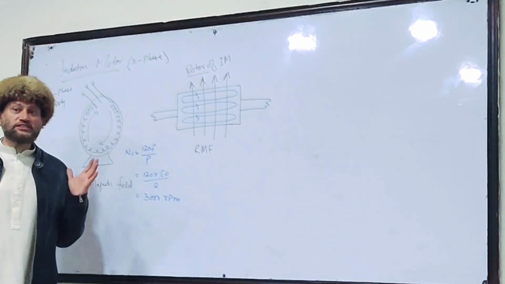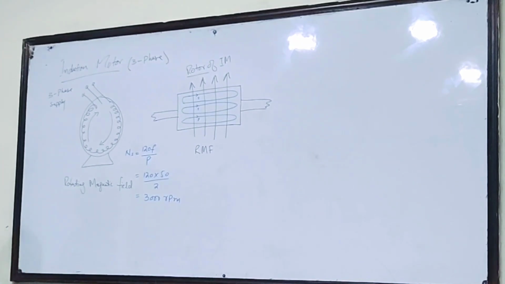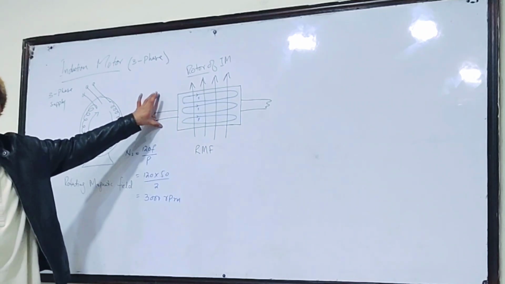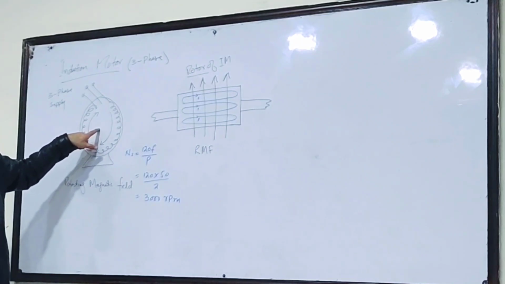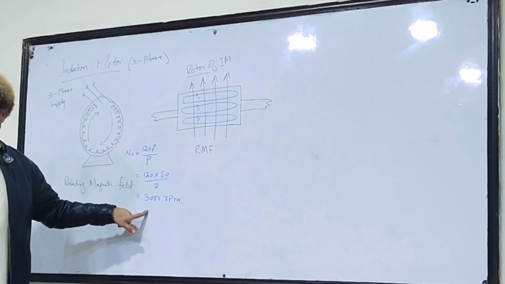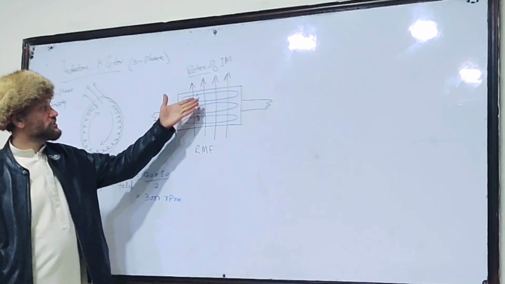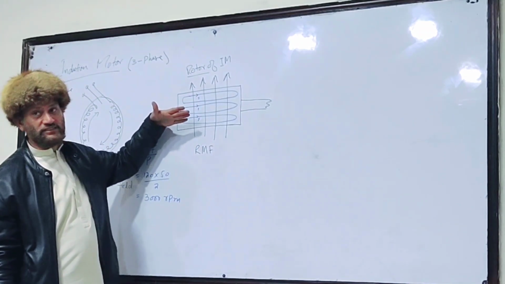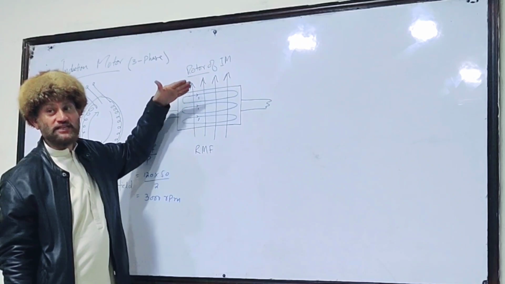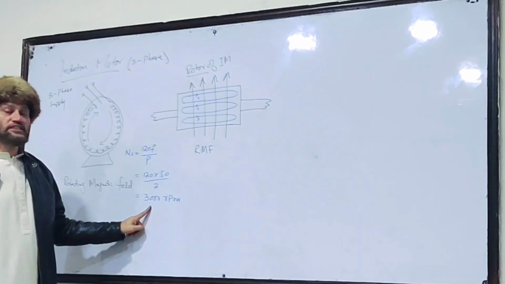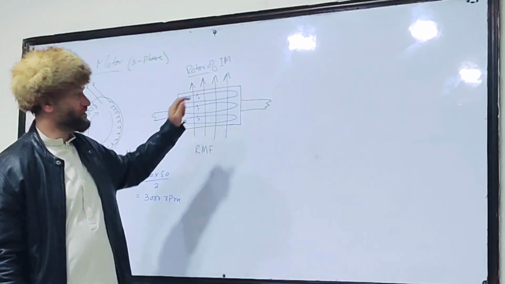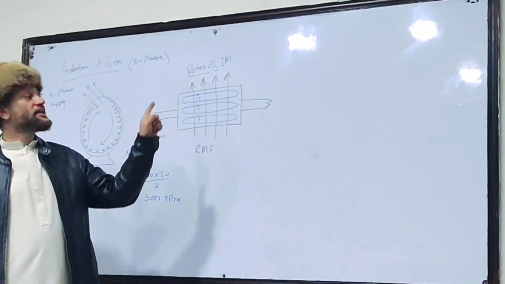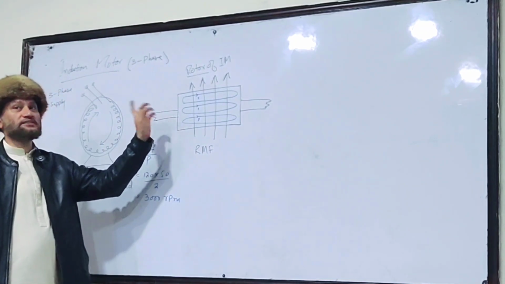Initially, clear your concept that this rotor was at rest, 0, and this rotating magnetic field was 3,000. So with how much speed are these conductors cut by the rotating magnetic field? 3,000. Heavy EMF will be induced in these bars, and current will flow in these bars because they are short circuited.